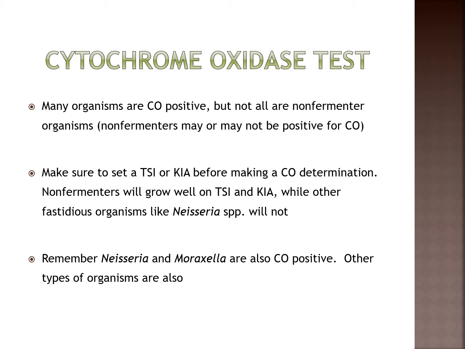You want to make sure that it's not a Neisseria. Remember, Neisseria and Moraxella are also cytochrome oxidase positive, so you want to make sure that you're not dealing with a Neisseria. Our oxidase positive organisms are things like Pseudomonas and Alcaligenes. Our oxidase negative organisms are Stenotrophomonas and Acinetobacter.